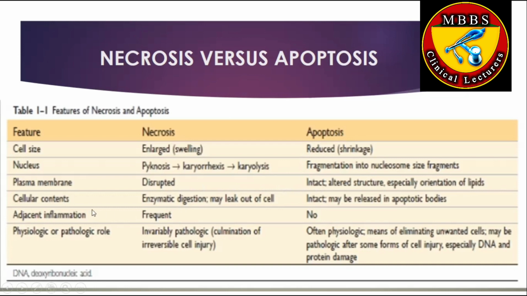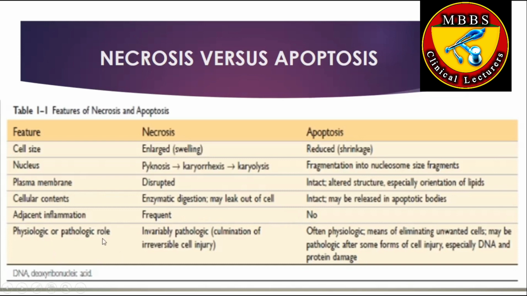As for the cellular contents, in necrosis there is enzymatic digestion of the cellular contents, or the contents may leak out of the cell due to the rupture of the plasma membrane, while in apoptosis the plasma membrane is intact and all the cellular contents may remain intact or may be released in apoptotic bodies. There is an inflammatory response in necrosis, but in apoptosis there is no inflammatory response.